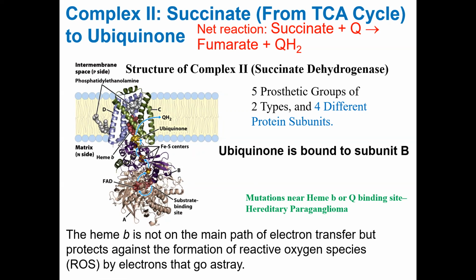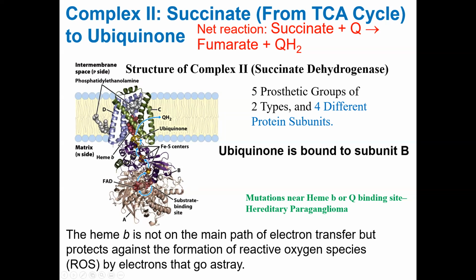So that's subunit A, succinate, and then you have FAD on top. You can see FAD. You can't see succinate, but that's behind FAD. Then you are seeing these yellow balls that are iron sulfur centers, right? So subunit B has these 3 iron sulfur centers shown here in yellow.